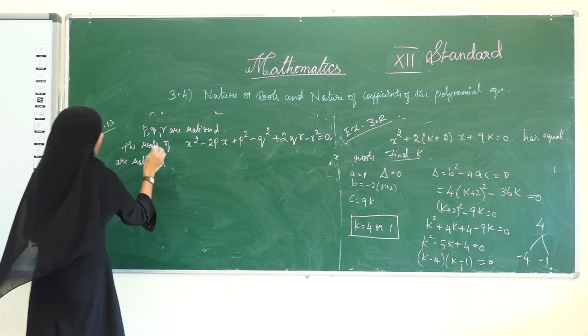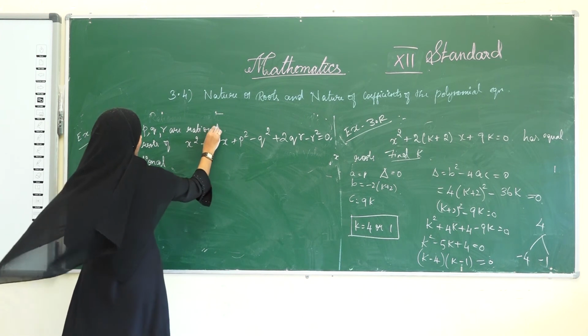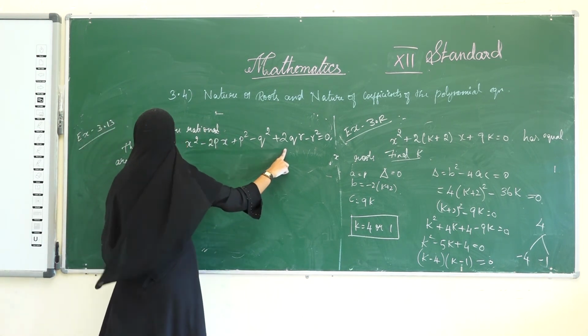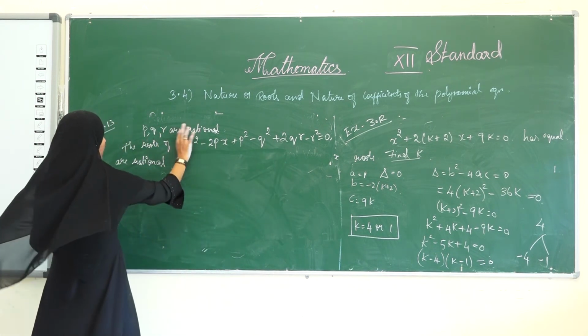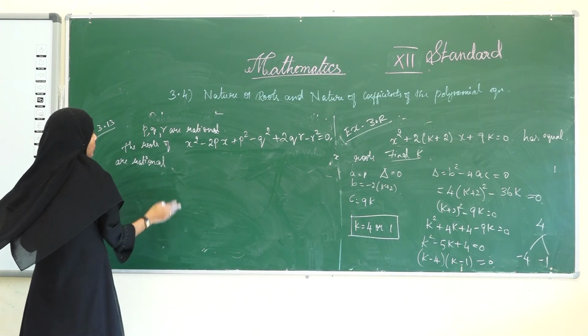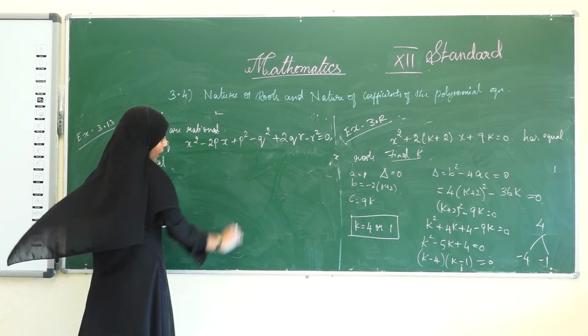Right. If these terms p, q, r are rational, these terms contribute to the coefficients of this equation. They have given an equation, and we have to prove that the roots formed from this equation are rational.